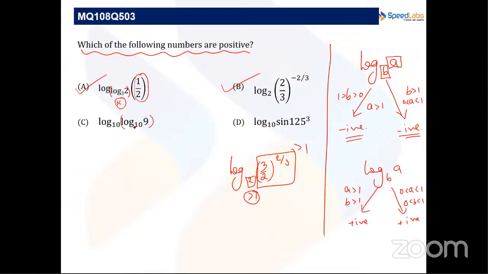Here log 9 to the base 10 is less than 1 and here 10 is greater than 1, so we are having this value negative. And here, whatever be the angle, obviously the value of sine is less than 1 and this quantity is more than 1, so this will be a negative quantity. So this is not the option. So correct options are A and B.